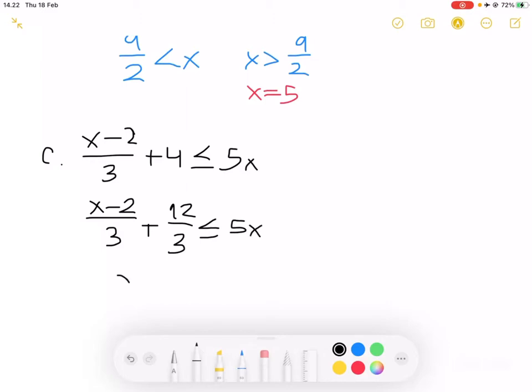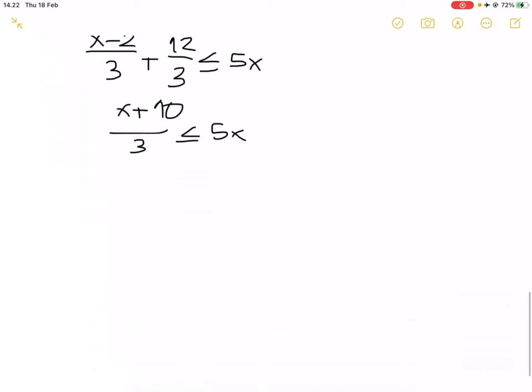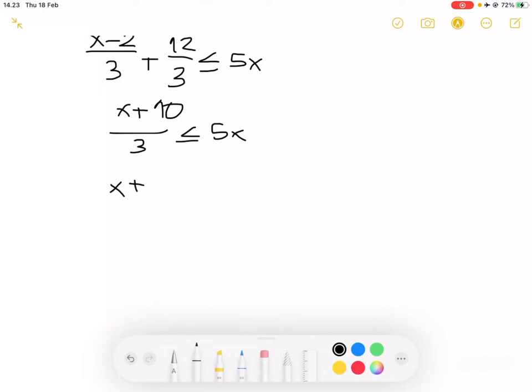Combining these two fractions, and then multiplying by 3 on both sides, and then subtracting x on both sides, or if you prefer, you can subtract 15 on both sides. Either way works.